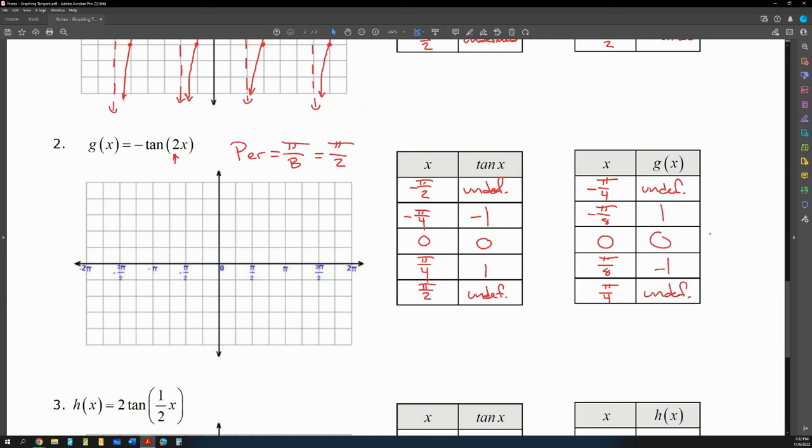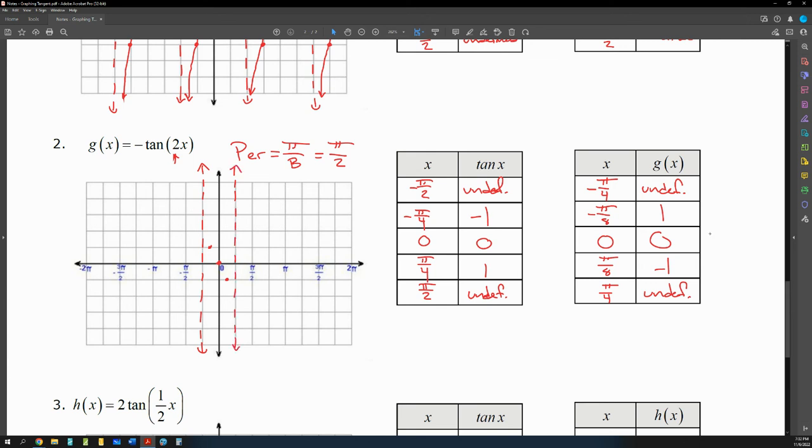Okay, so let's go ahead and graph this. So at negative pi fourths, undefined, that's a vertical asymptote. At negative pi eighths, that's going to be exactly halfway in between negative pi fourths and 0. We have a value of 1. We have the origin 0, 0. We have pi eighths, -1, and then we have our vertical asymptote at pi fourths.